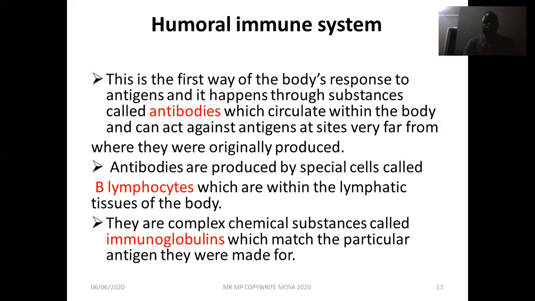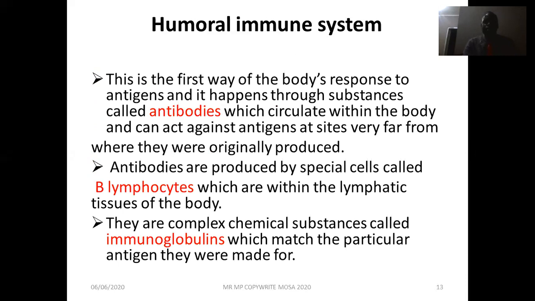Let us look at the humoral immune system. This is the first way of the body's response to antigens, and it happens through substances called antibodies, which circulate within the body and can act against antigens at sites very far from where they were originally produced.